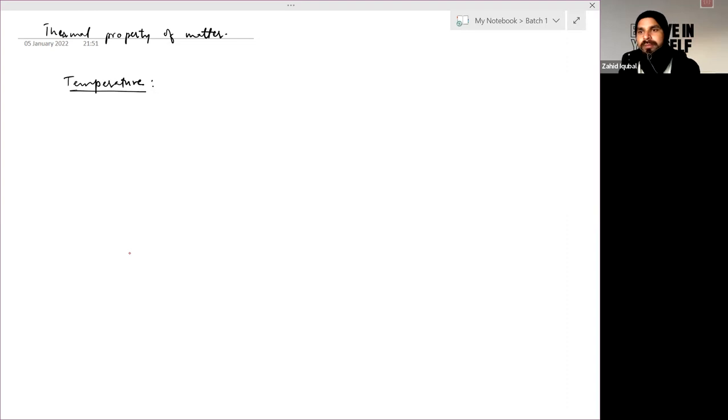That measure basically defines the temperature. So temperature is measurement of degree of hotness or coldness related to some specific value. In this case, we'll take melting point of ice and boiling point of water. Is it clear?